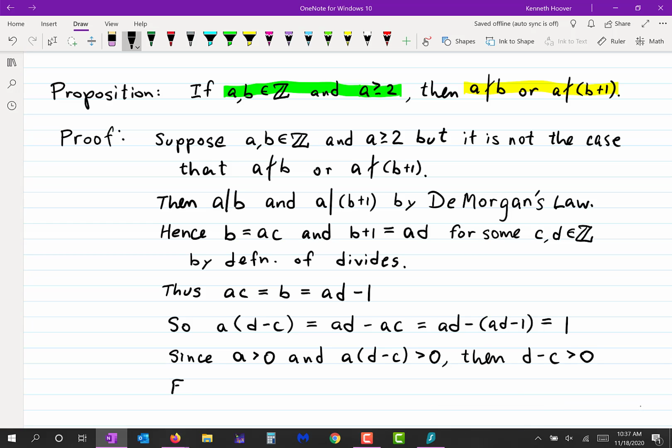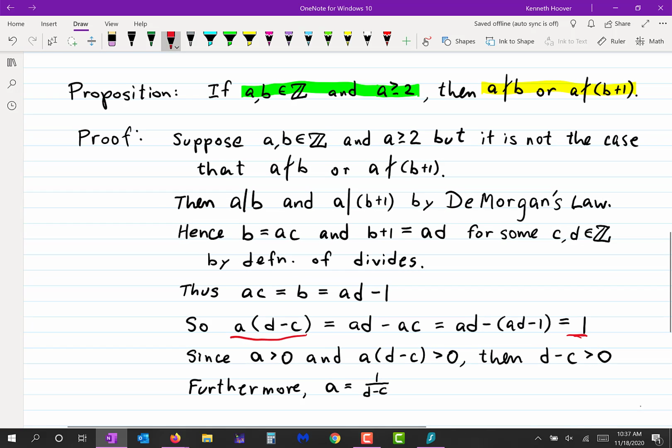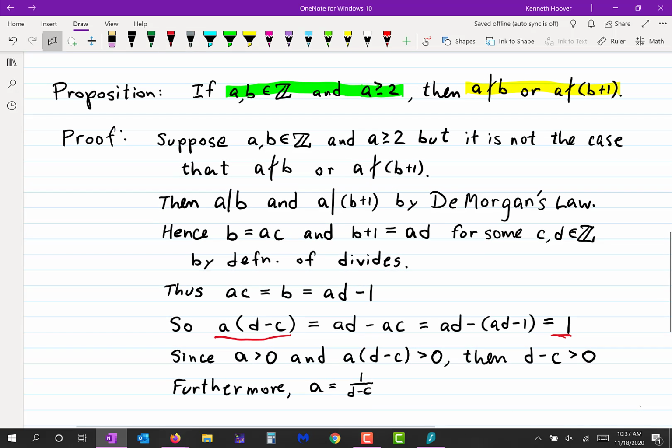And furthermore, I can also say that A equals 1 over D minus C. Just again, going back to this, A times D minus C equals 1. Okay? And what is D minus C? It's an integer, and it's positive. Okay?